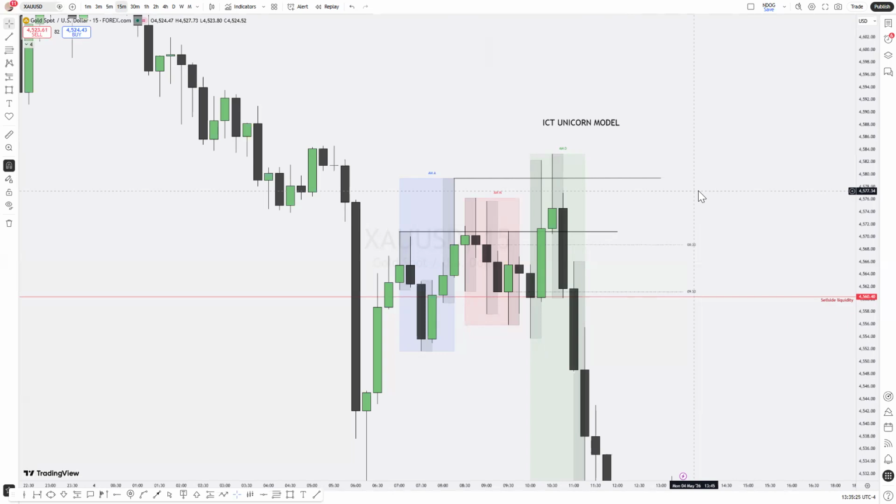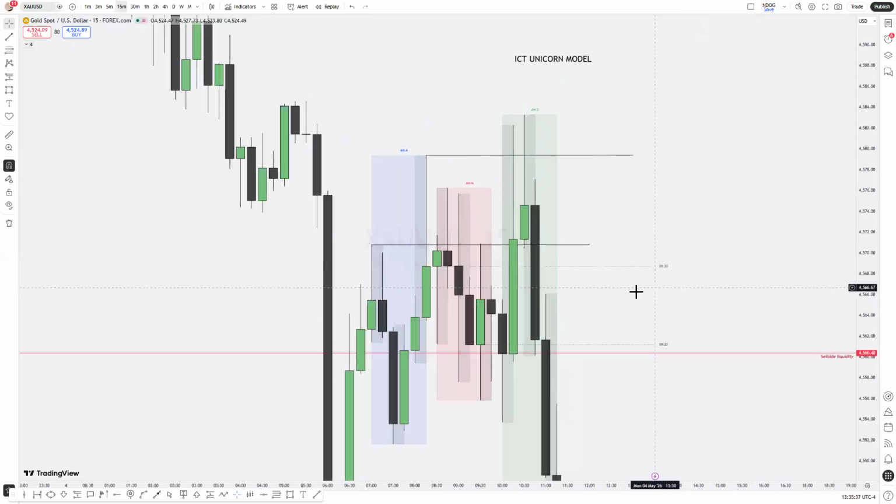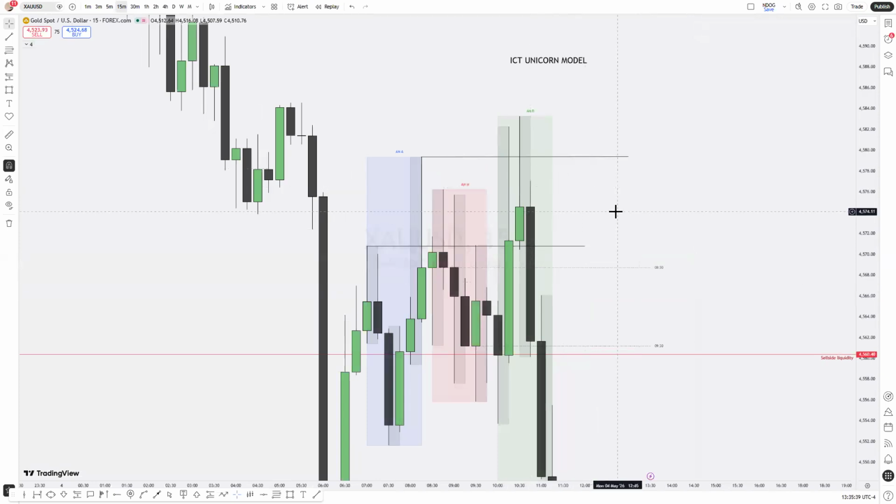I've been doing this for a long time, and I'm very comfortable. I can very well tell when the breaker will hold and when it won't, and I would want to wait for that. Let me just give you a tip. I don't really say this, but whenever the fair value gap comes in as a balanced price range, I will definitely expect price to go straight back to that fair value gap.